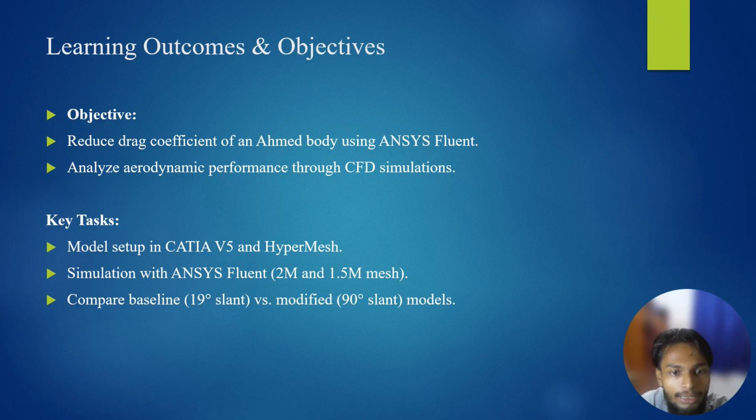The key tasks for the armored body are model setup in CATIA V5 and HyperMesh. Second is simulation with ANSYS Fluent at 2 million and 1.5 million mesh. There are two models, a 1.5 million mesh and a 2 million mesh. Compare the baseline with a 19 degree slant and the modified 90 degree slant model.